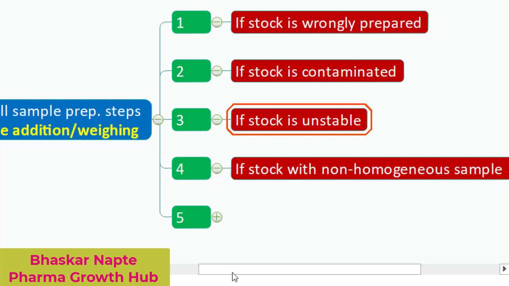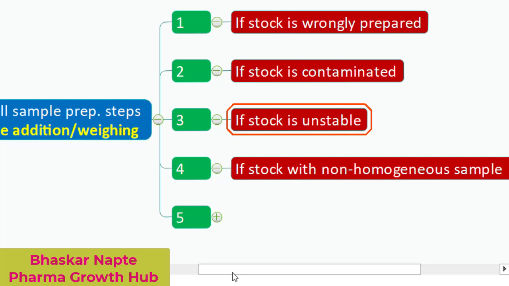Now once you conclude the root cause, you understand what is the correction or corrective action you need to take. For example, let us say you understand that the analyst used the wrong filter paper during the reporting of the out of spec result. Now, what is the corrective action you are going to take? You are going to say that now the analysis must be repeated by using the actual filter paper mentioned in the standard test procedure.